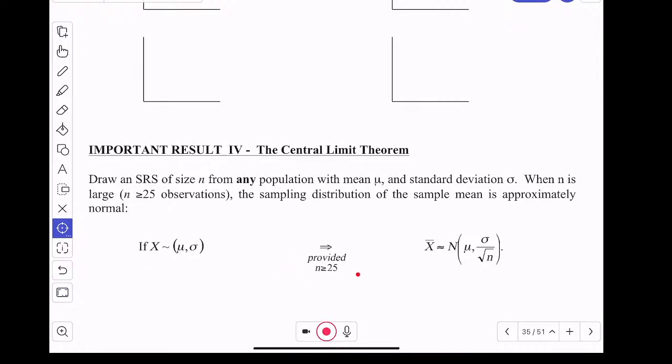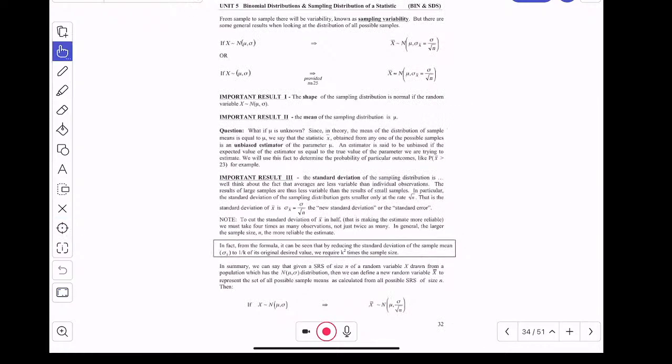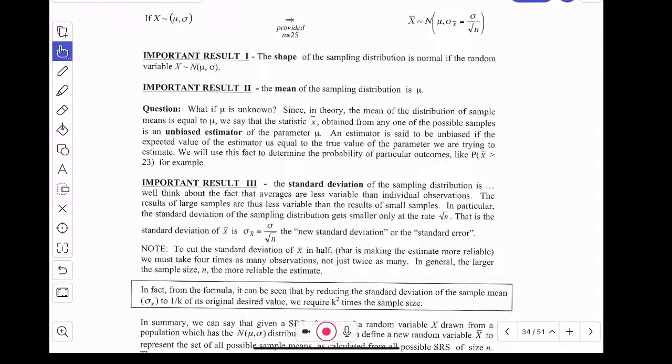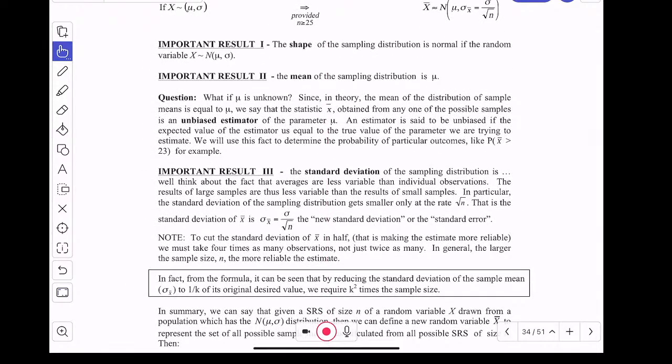Provided the sample size is large enough, we can assume that the sample mean is normal with the mean mu and a smaller standard deviation by a factor of 1 over √n. That's a huge result. That makes it possible for us to do so many things with samples and make predictions about what to expect in those samples, which is also very important.